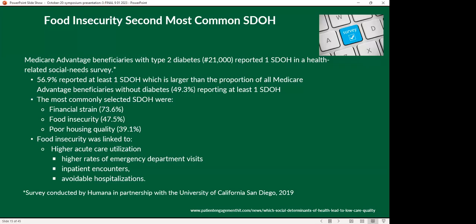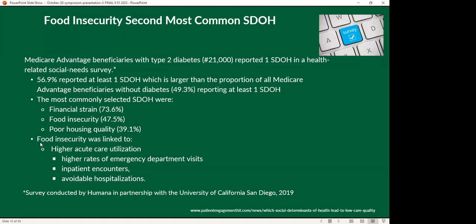What I wanted to share with you was that almost 57% reported at least one social determinant of health, which is larger than the proportion of Medicare Advantage beneficiaries that did not have diabetes. The largest one was financial strain, and the second was food insecurity.